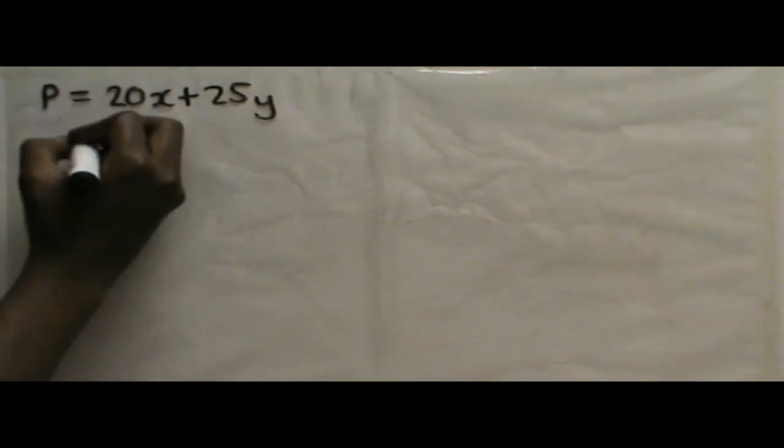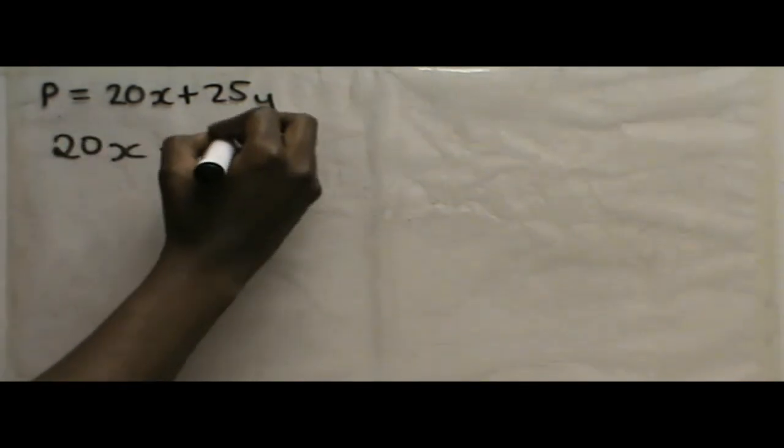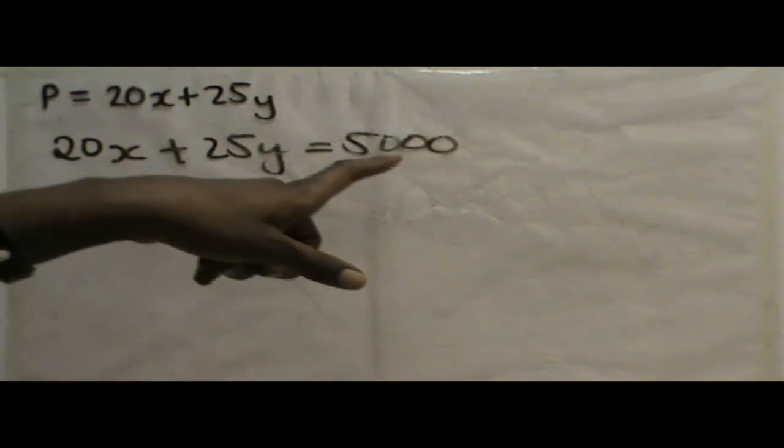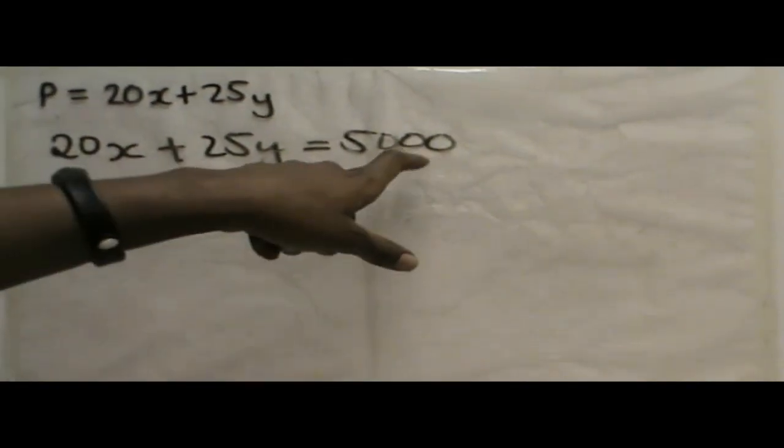So what you should rather do is pick a reasonable P. Okay, so here I am going to pick P equal to 5,000. So I have 20x plus 25y is equal to 5,000. Now, why did I pick 5,000? I picked it because 20 divides 5,000 and 25 divides 5,000.